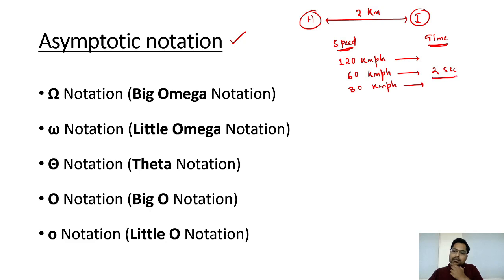If you increase the speed, definitely you'll reach in less time. Increasing two times, you divide the time by two, so 1 minute only. If you reduce the speed, you increase the time, which is, suppose, 4 minutes. Clear? Sorry, not seconds, it's minutes.